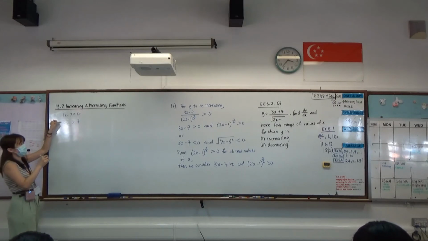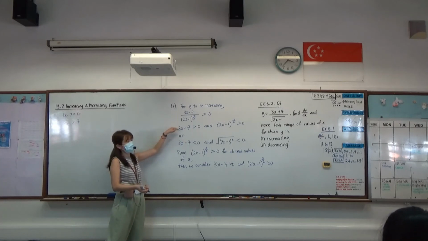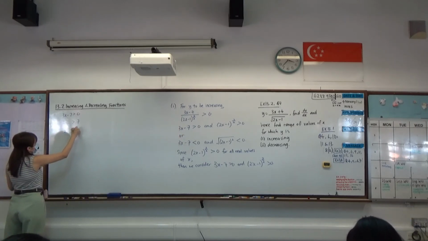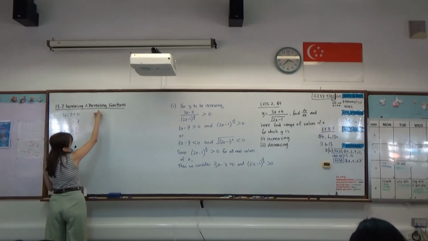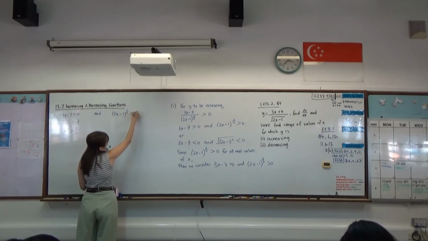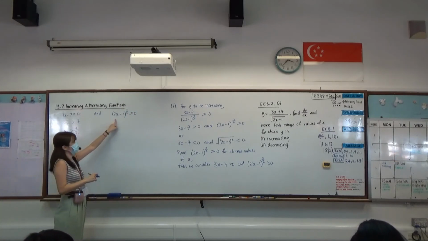Linear inequality, we've got such skills. Other than that, when it comes to non-linear ones, we cannot just multiply over. So we get x more than 7 over 3. The other one, we will then have to investigate because this is non-linear.